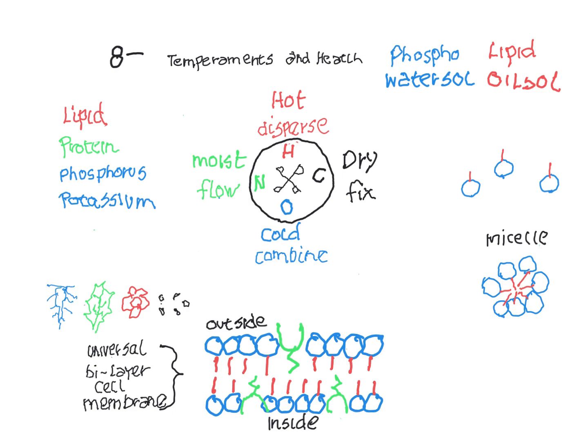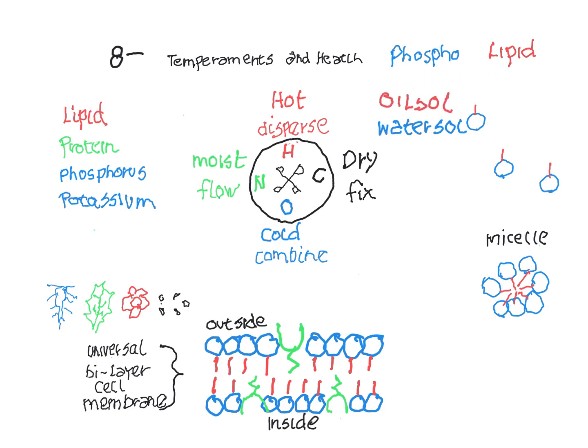Down below, if I took this little form here, and I put water sol down below and oil sol up above, the little tail up there is an oil-soluble element, and the little circle is a water-soluble element.